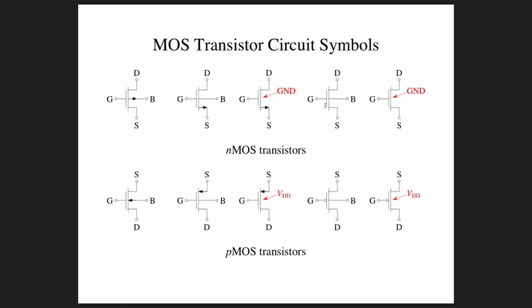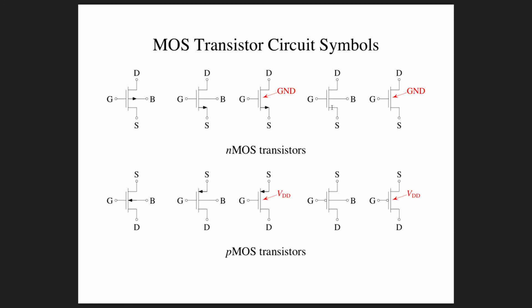So because the visual distinction is on the gate and not on the bulk, we can suppress the bulk terminal if we want, which is nice, especially for digital schematics at the transistor level, where we have lots and lots of devices running around. So suppressing the body connection is very important in simplifying those schematics. So that's a nice feature.